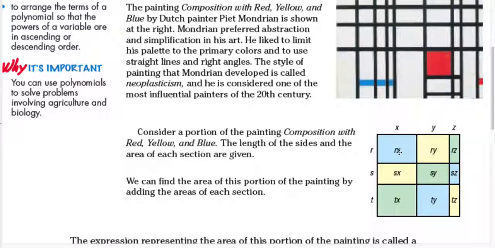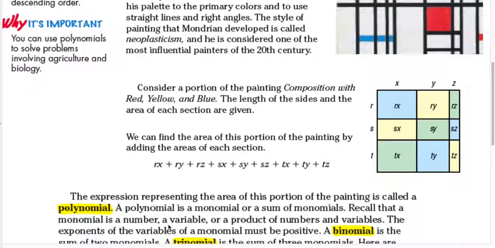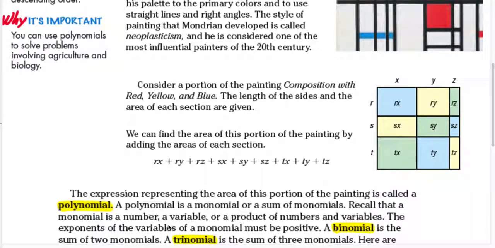To do that, we simply add up all of the areas, which is Rx plus Ry plus Rz plus Sx plus Sy plus Sz plus Tx plus Ty plus Tz. Again, remember this because we're going to use this type of finding the area later on. Okay, so the expression representing the area of this portion of the painting is called a polynomial.